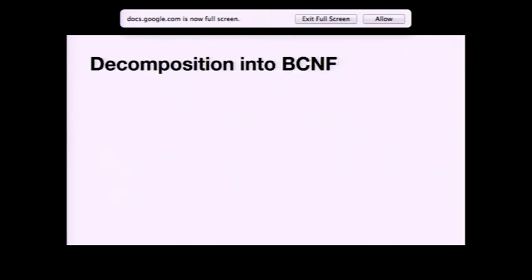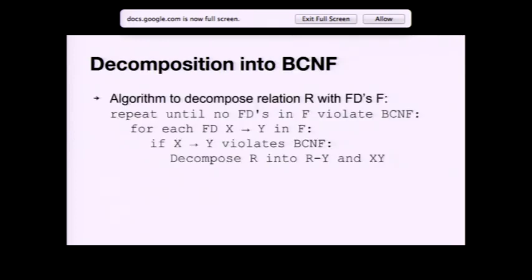The way you decompose into BCNF, there's an algorithm. Just keep repeating this until no FDs inside F violate BCNF. You actually don't need to compute the closure of F, which is kind of nice.